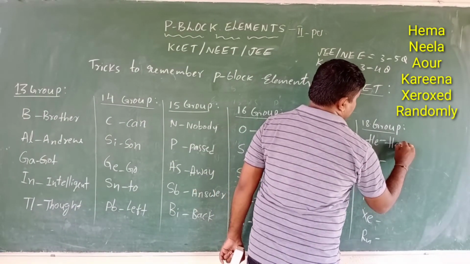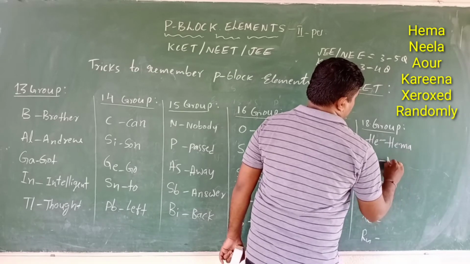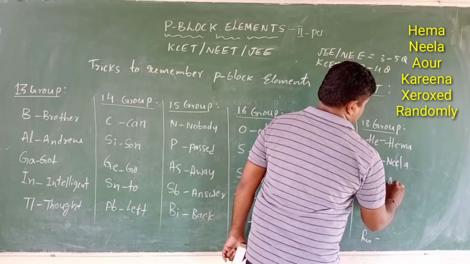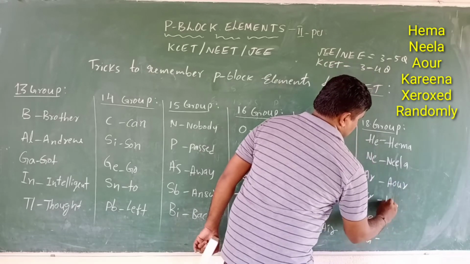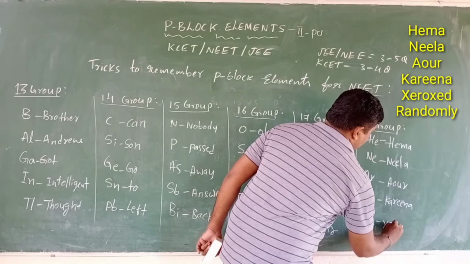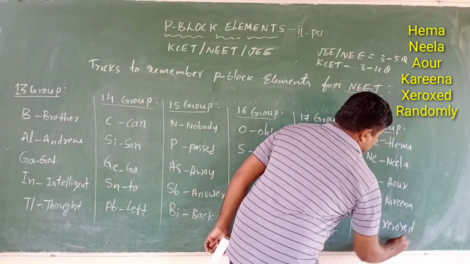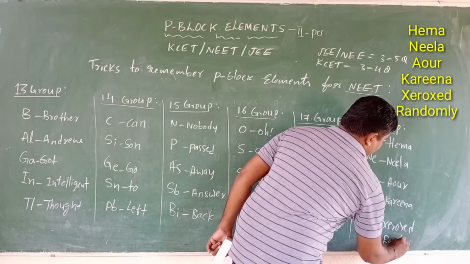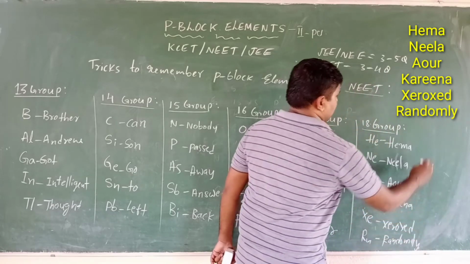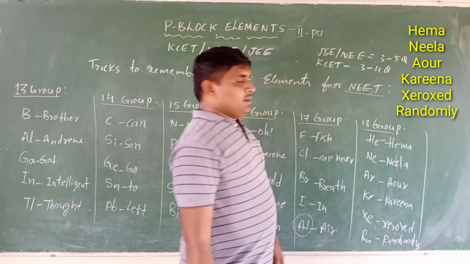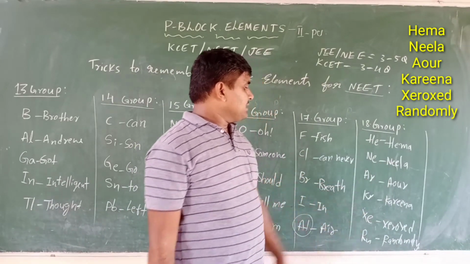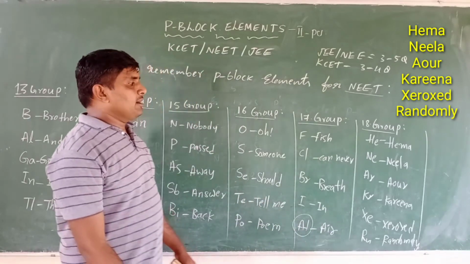HE means Hema, NE means Neela, AR means Ara, KR means Karina, Xe means Xerox, Rn means randomly. So, Hema, Neela, Ara, Karina get xeroxed randomly.